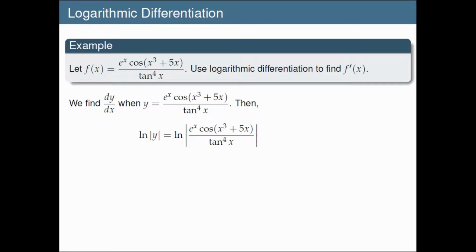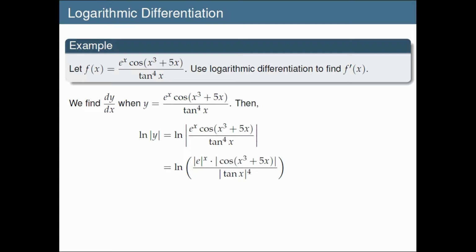Yung right hand side pwede natin galawin. This is equal to ln of absolute of e to the x times absolute of cosine x cubed plus 5x all over absolute of tangent x raised to 4. Yung mga exponent na x at yung 4 nasa labas ng absolute value.